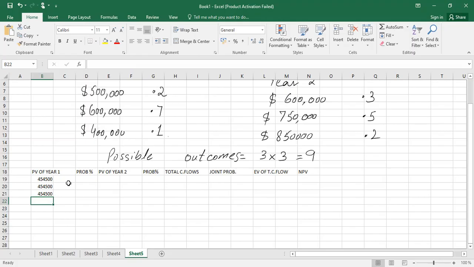Then 600,000, next 3 workings. 600,000 into 0.909, 600,000 into 0.909.